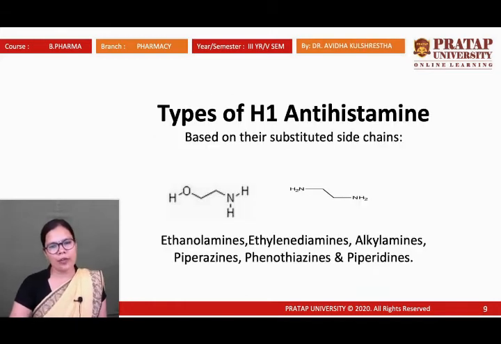The specific types of H1 antihistamine, based on the substituted side chain, are ethanolamines, ethylamines, alkylamines, piperazines and phenothiazines. Whatever substituted side chain is attached, the H1 antihistamine will have some specific activity, reduced or increased.